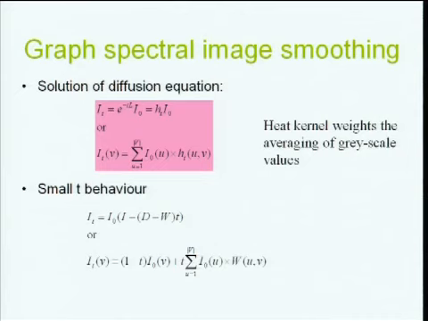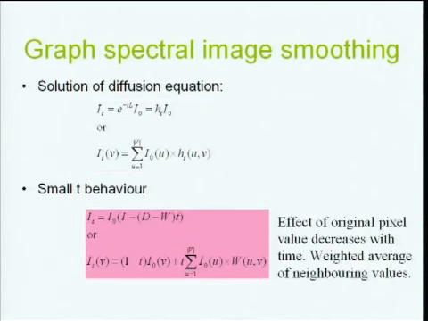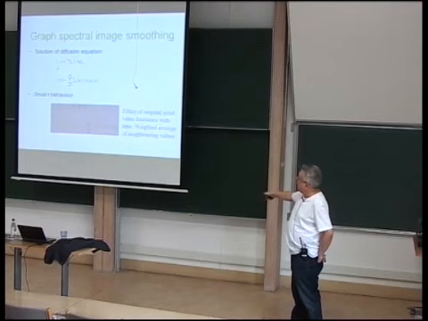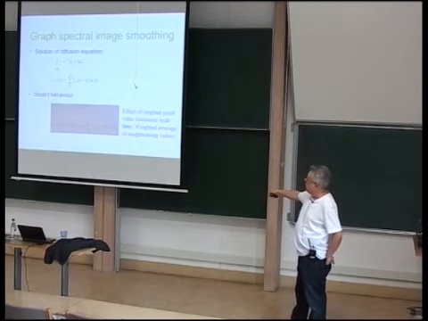And of course, it's interesting to see what happens here for small t behavior, because that means we can have an insight into what the exponential operator is doing. So if I expand the above equation for small t, then I get that I of t is the identity matrix, minus D minus W, that's the Laplacian, times time, acting on I of naught. And I can now separate this out into two components, one of which is the initial grayscale value, and that's multiplied by 1 minus t.